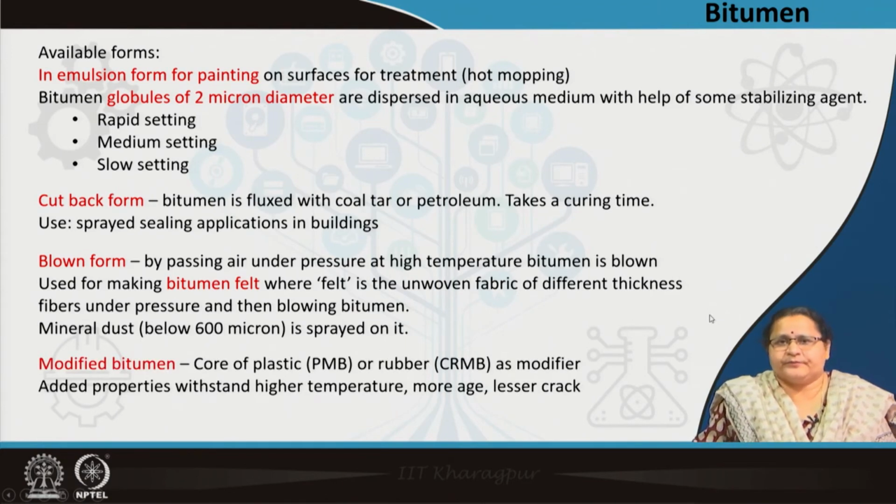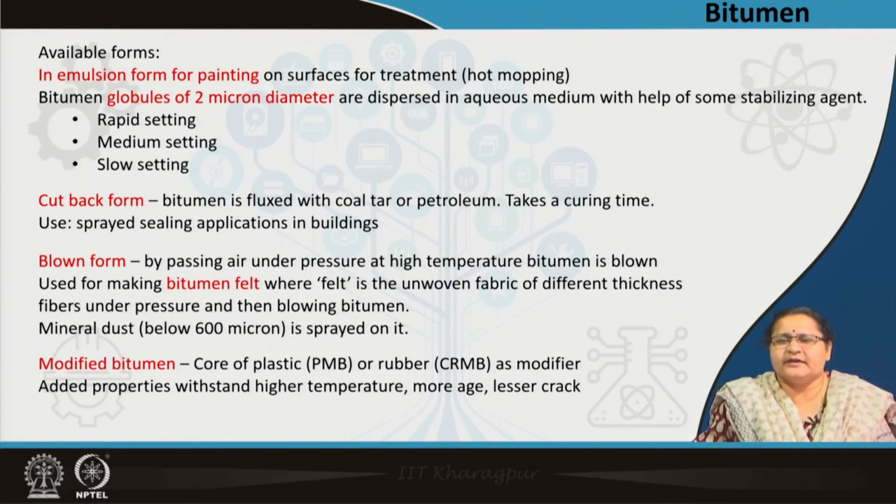Modified bitumen. When you put plastic as the core, it is called plastic modified bitumen. When it is crumbled rubber as the core, it is called CRMB or crumbled rubber modified bitumen. So, this crumbled rubber or plastic is the modifier. What is it modifying?